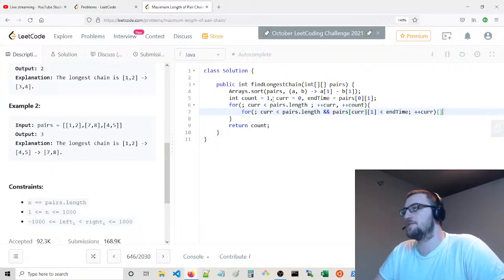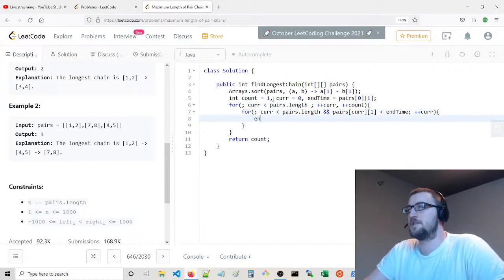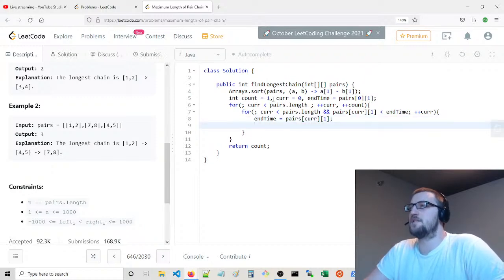What you're going to do is update the end time and increment the count.